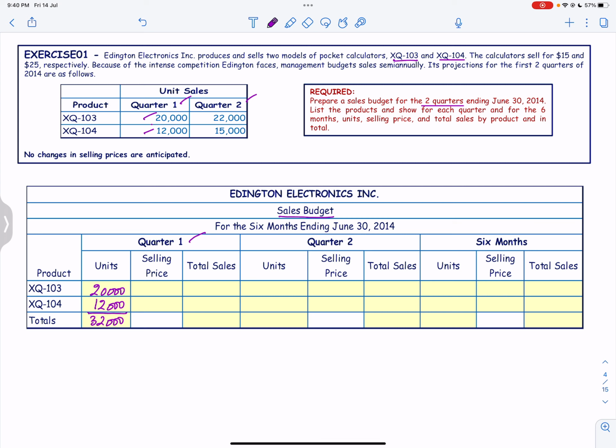The selling price is $15 and $25 respectively, and we multiply units by the selling price to get the total sales, that is 300,000, and this will also be 300,000, and the total will be 600,000. Then the units for the second quarter are 22,000 and 15,000.